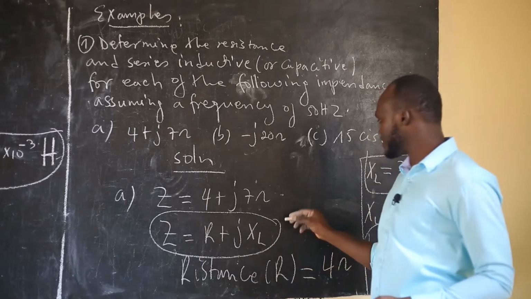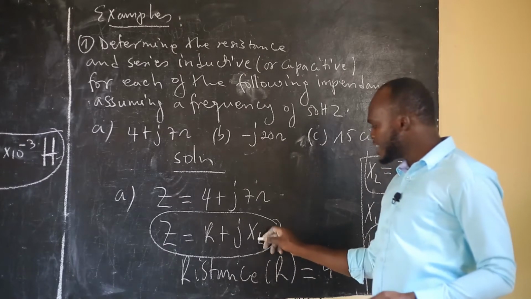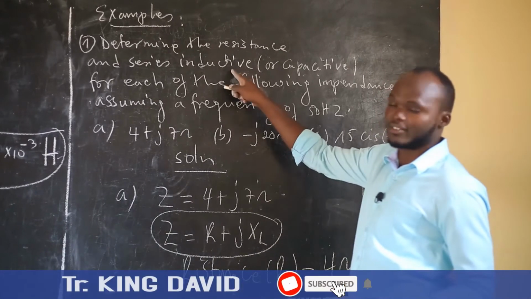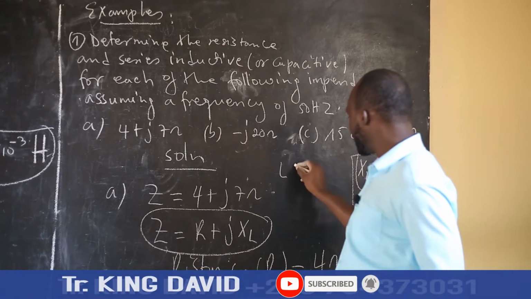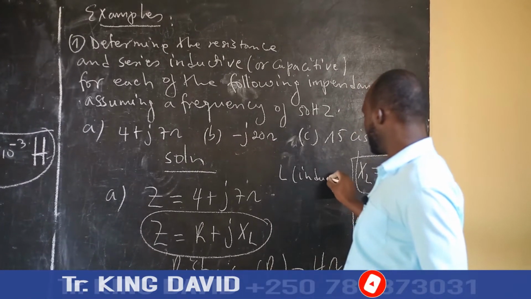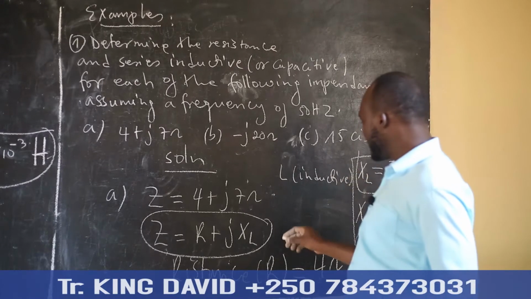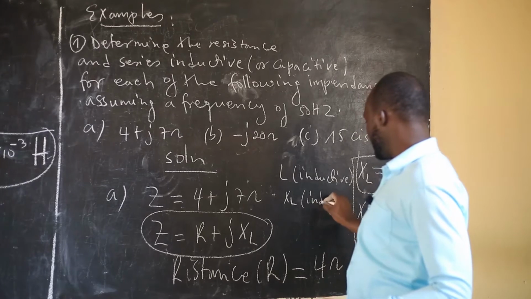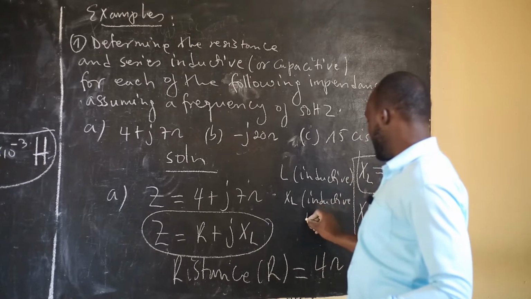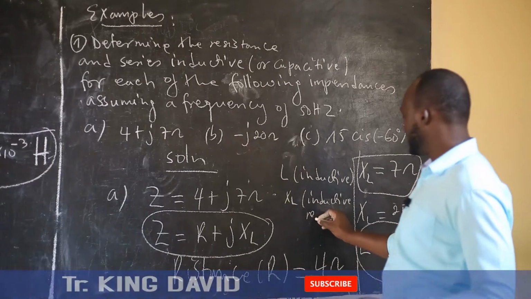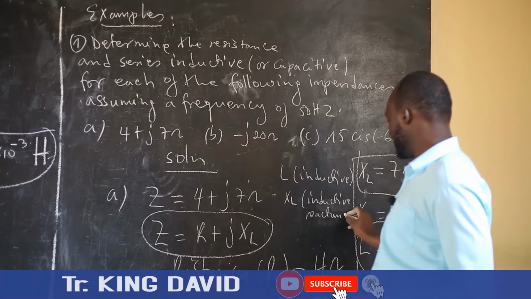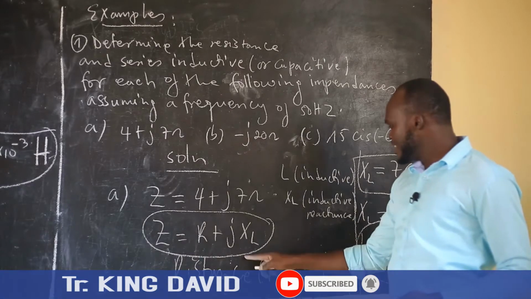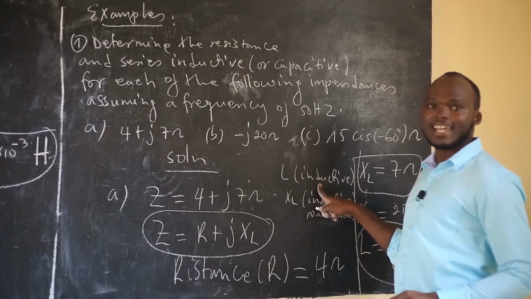XL is inductive reactance, whereas only L is inductance. That's the difference. Here we have been given inductive reactance, but they are asking for inductance.